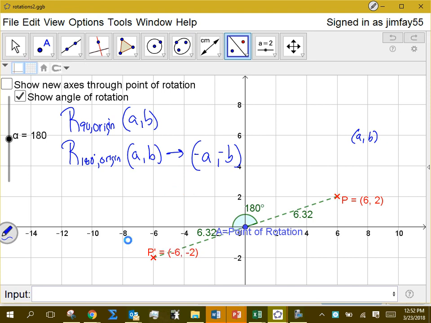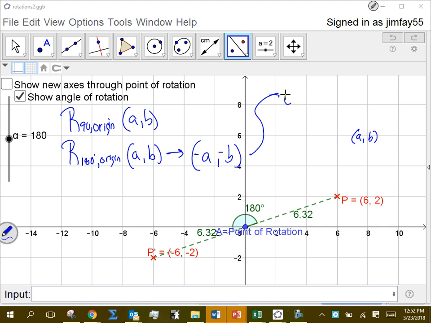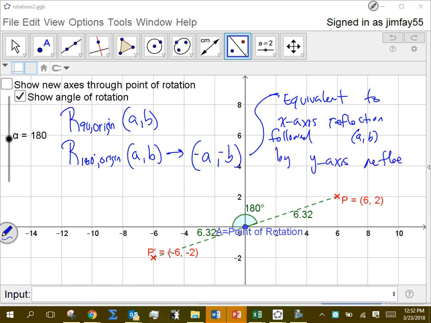So a 180-degree rotation is equivalent to x-axis reflection followed by a y-axis reflection. Okay, I'm going to write it that way, but you could have also reflected on the x-axis and then reflected on the y. The order doesn't really matter then.